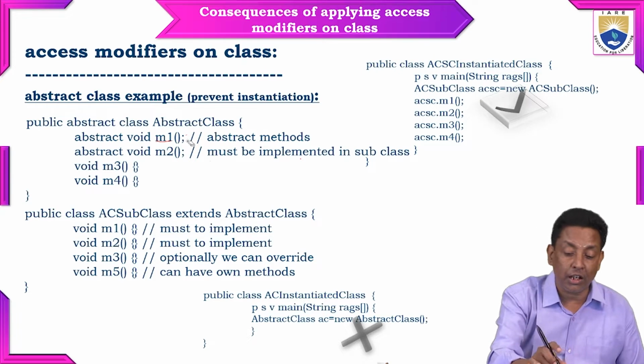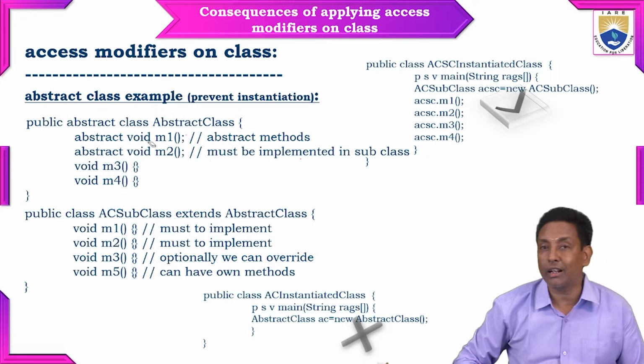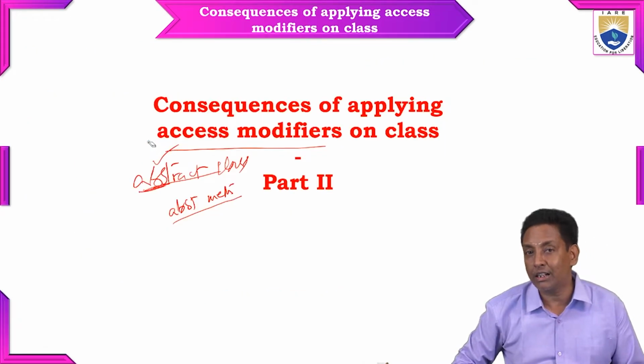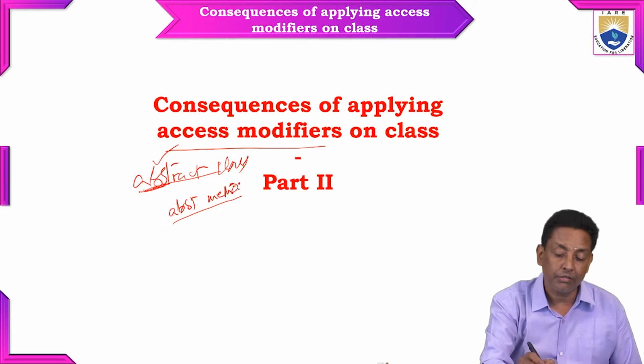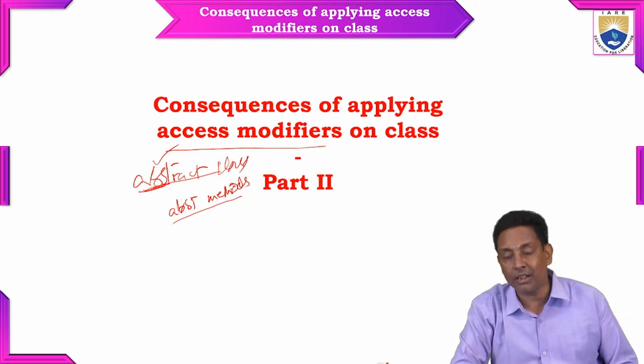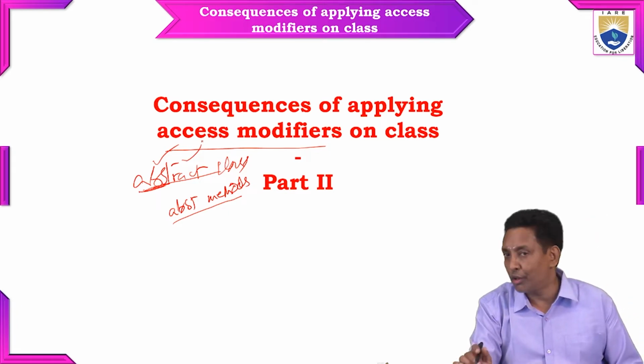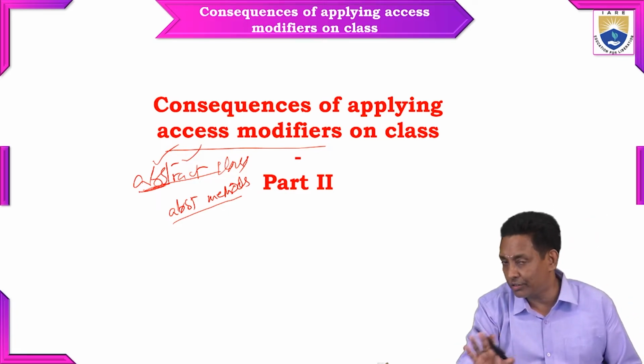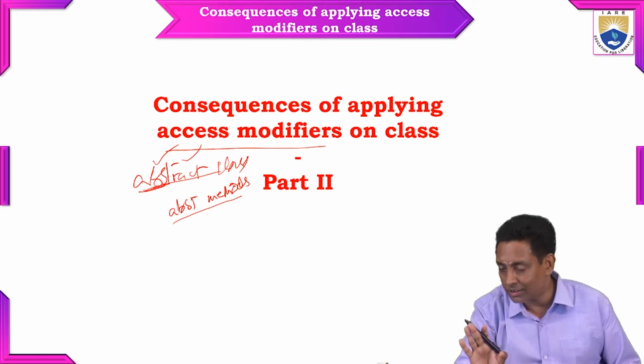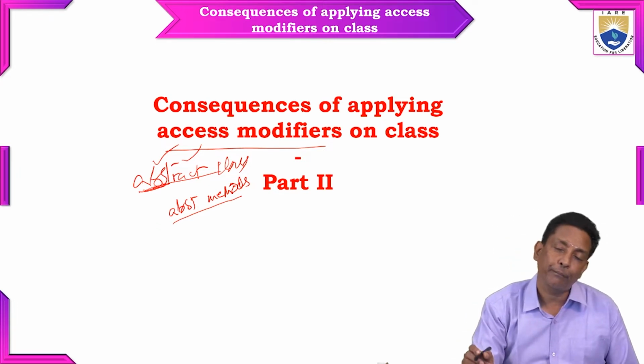And this is one occasion where we declare a class as abstract. If a class contains abstract methods, then we must declare the class as abstract. If you don't declare, the compiler will force you to declare your class as abstract. First point.